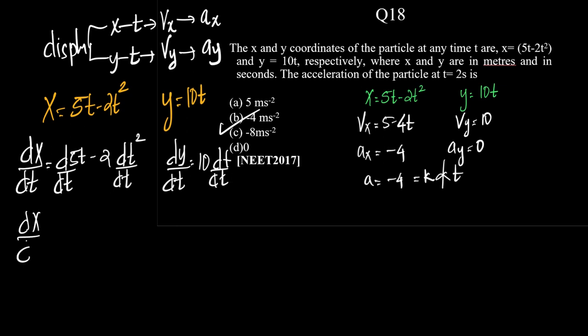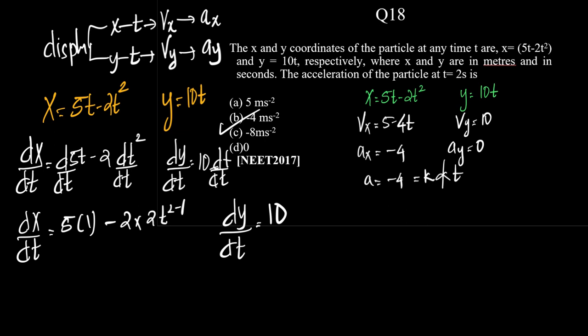So dx by dt is equal to 5 into derivative of t, which is 1, so it is 5 into 1, minus 2 into derivative of t square, which is 2 into t to the power 2 minus 1. Similarly, dy by dt is equal to 10 into d by dt of t, which is 1.